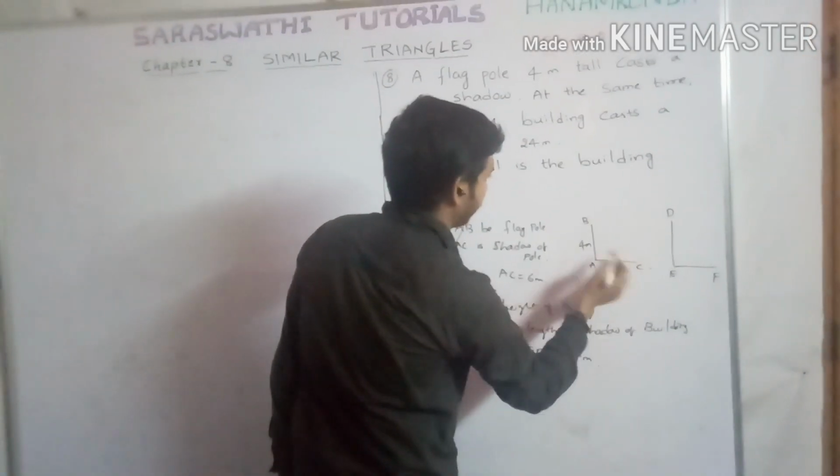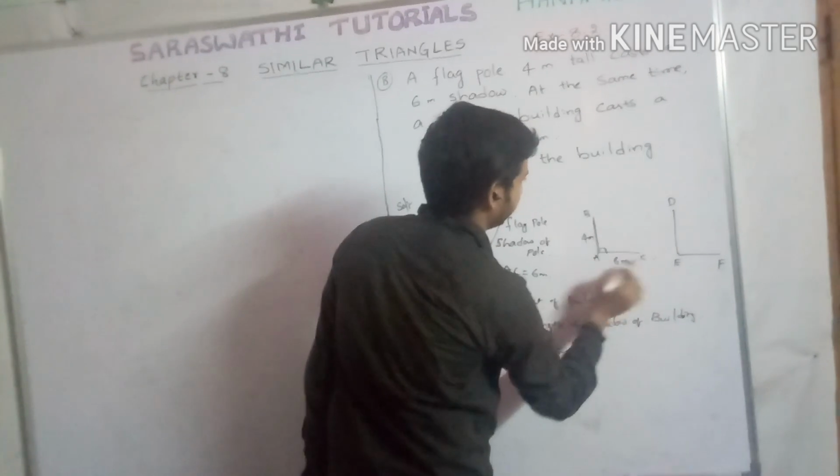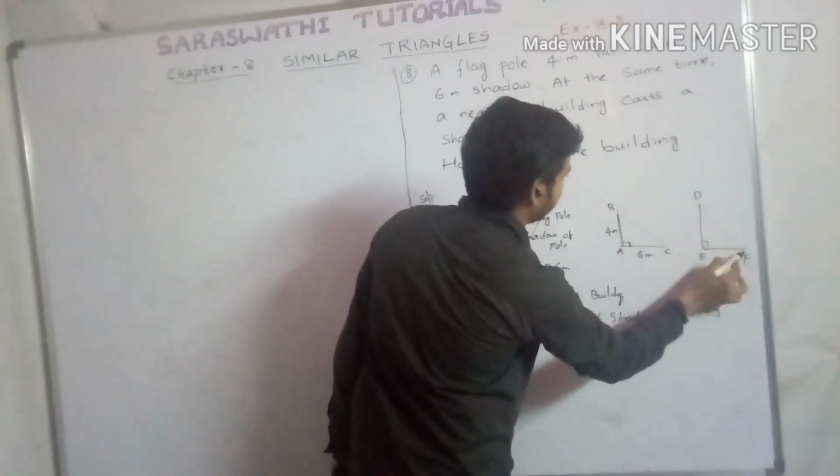Since the flagpole and building are in vertical position, these two angles are always 90 degrees. So we can consider these two to be right angle triangles.